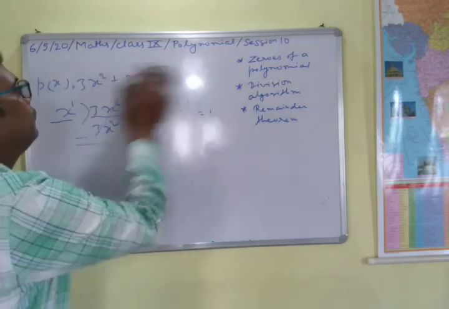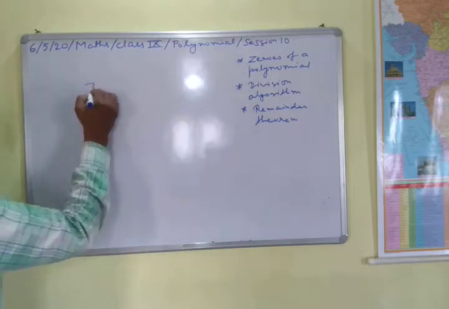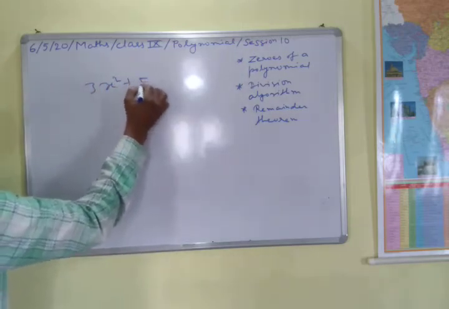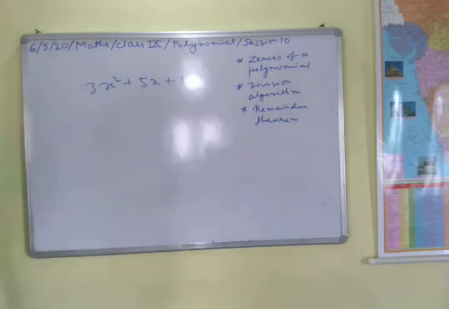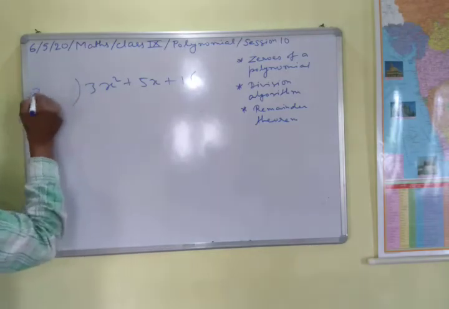Another example of division. For example, divide 3x square plus 5x plus 1 by another polynomial, x minus 1.